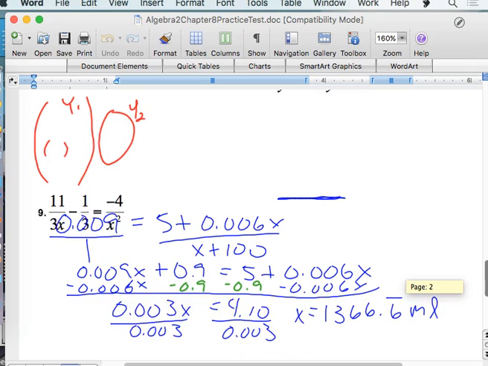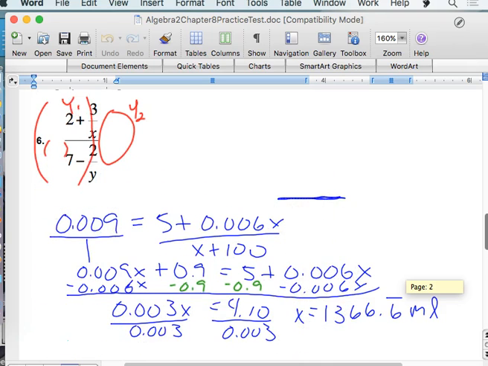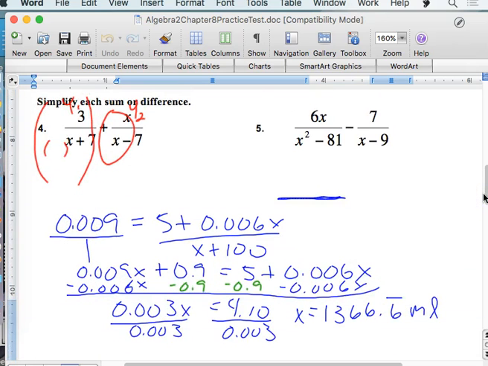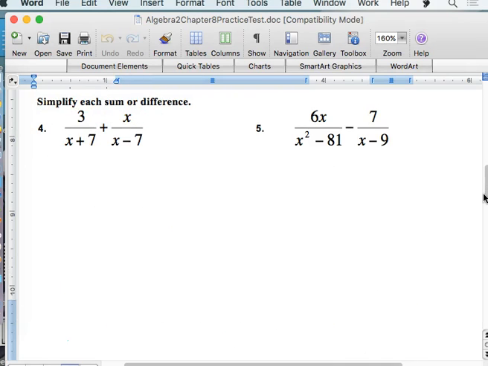Okay, how about the ones that don't have equals? Let's just say I'm supposed to do number 4. And I want to know if I did it right. Put the original thing in as y sub 1. Then punch your answer in as y sub 2.